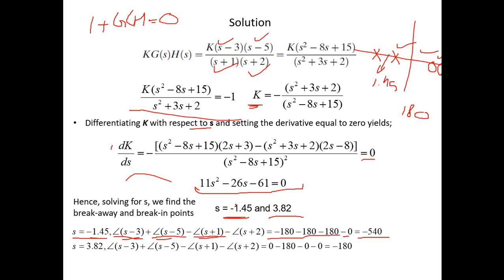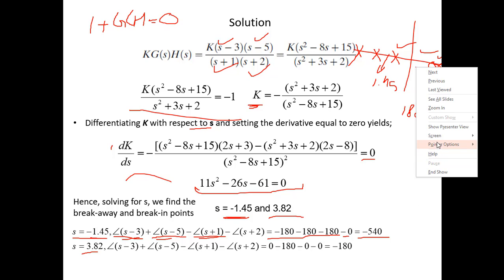Similarly, if you put the value of s when s is equal to 3.82, this indicates that this point will be somewhere. If you take this line further forward, I will just highlight it for you.